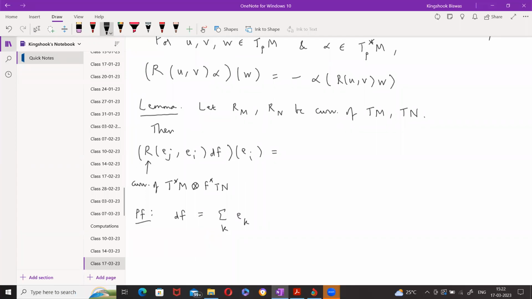E_K star tensor DF of E_K, right? Yes? Okay. Now, what is going to be R of E_J, E_I acting on DF?